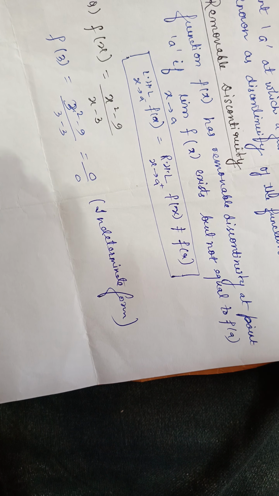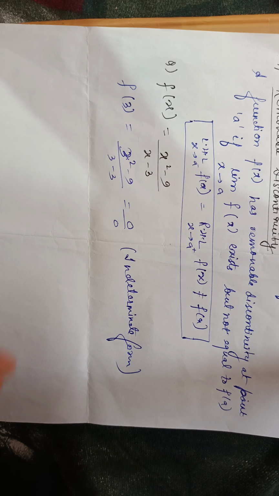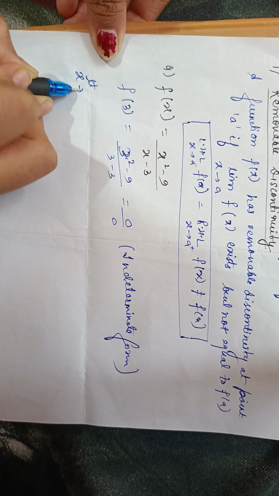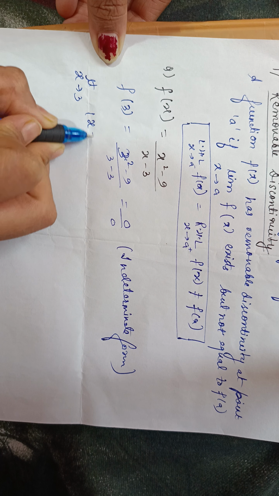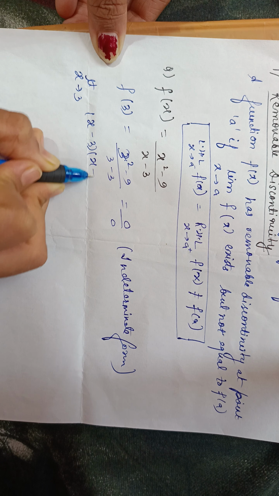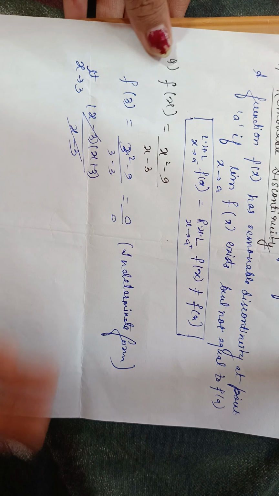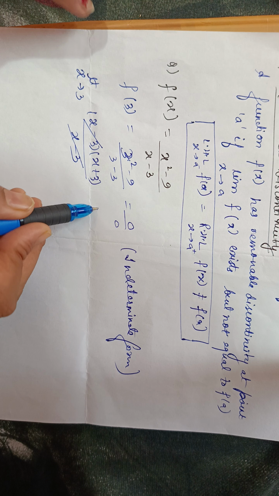So now we know that at x equal to 3 this gives us nothing but the indeterminate form. So we will simply factorize it. Simple factorization: limit x tends to 3, this is (x minus 3)(x plus 3) upon (x minus 3), and this will get cancelled. Now you apply the RHL and LHL and you will end up having 6.